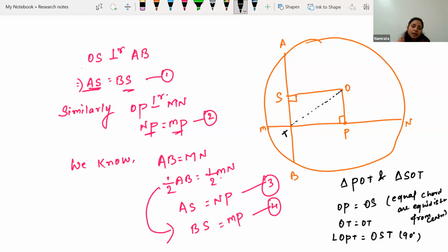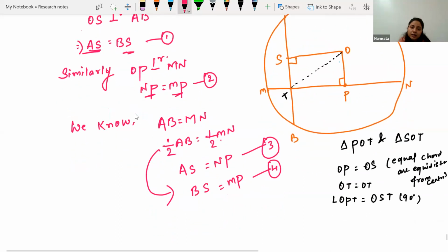Which congruency criteria is working here? Let's see. This angle I have used, this side I have used, and this side I have used. Again, RHS: right angle, hypotenuse, and one of the sides. It is not SSA; the SSA congruency criterion doesn't exist. So RHS.